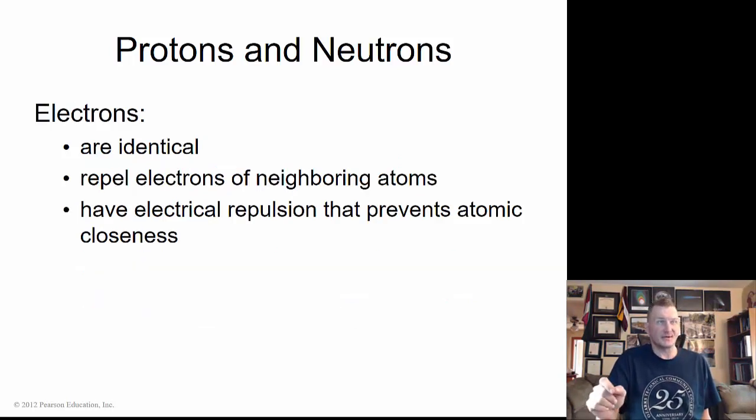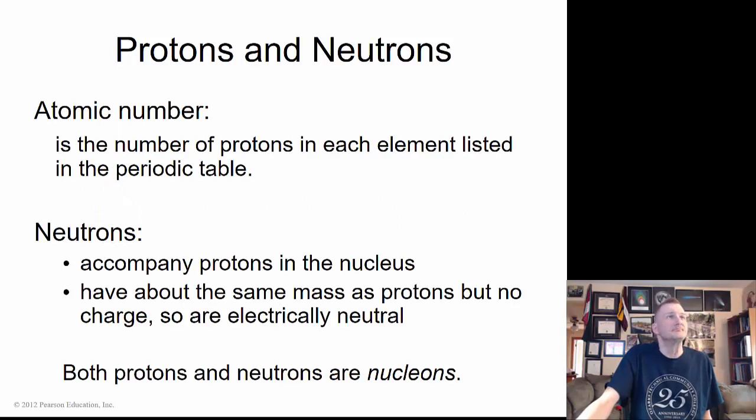So what are the electrons then? They are identical. They repel electrons of neighboring atoms and have an electrical repulsion that prevents atomic closeness. So when dealing with protons and neutrons, we have an atomic number.